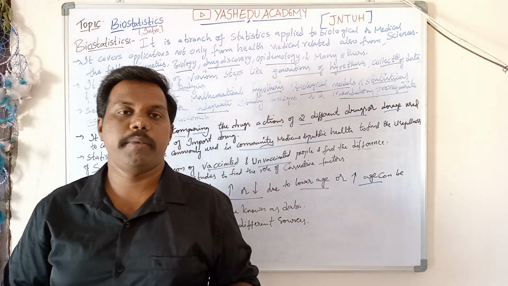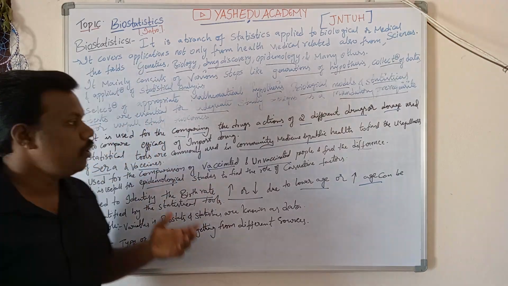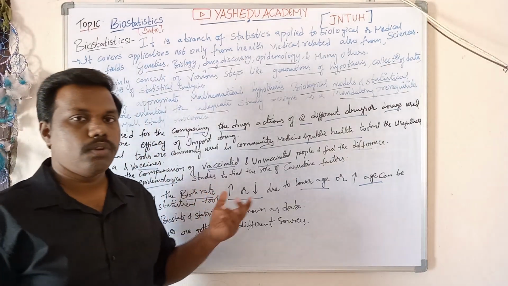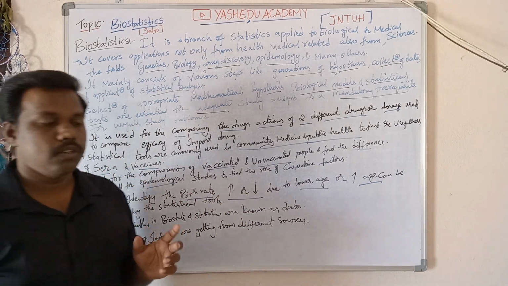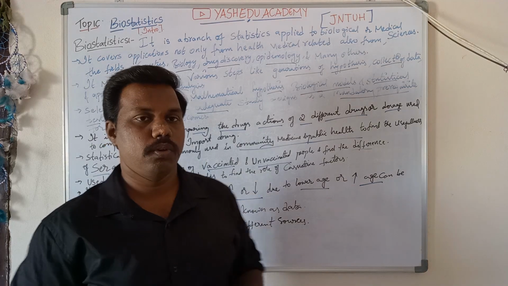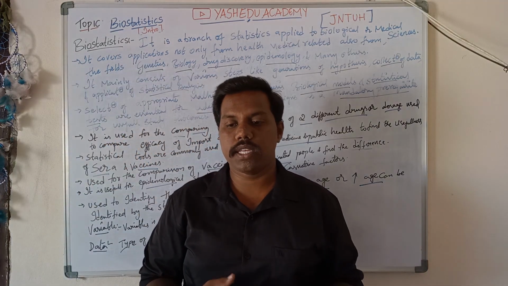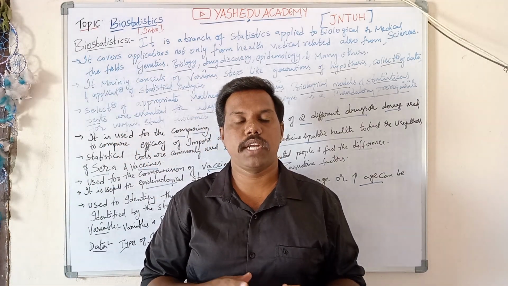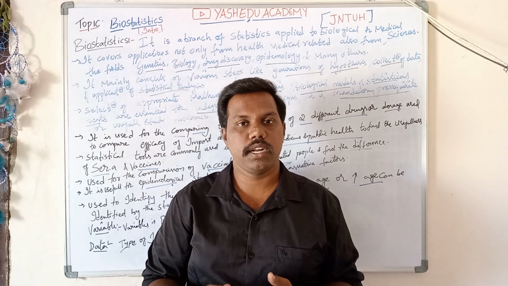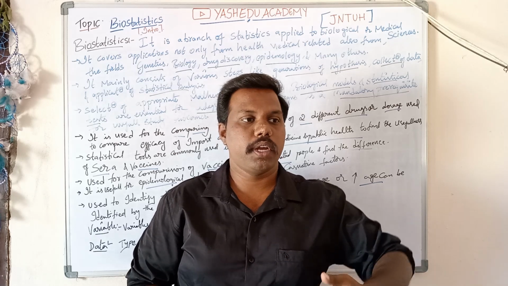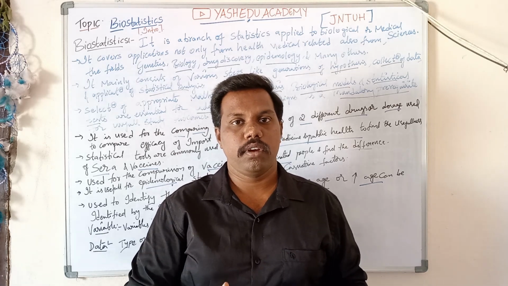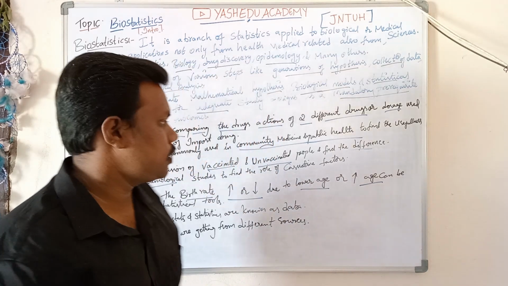In the same way, biostatistics is also used as a statistical tool to find the usefulness and non-usefulness of sera and vaccines, to analyze the statistics of both the vaccines and sera given to patients to prevent diseases like corona and others.